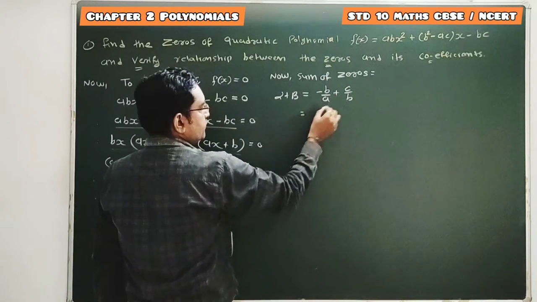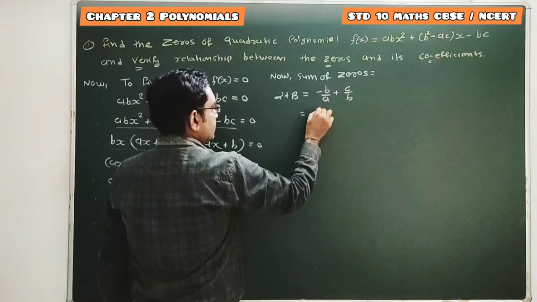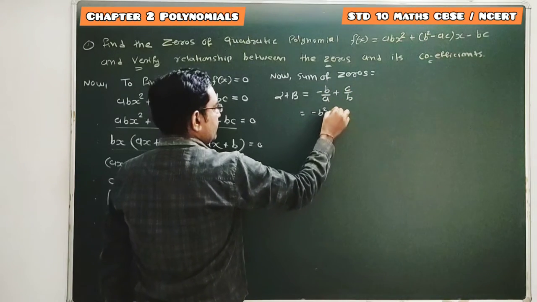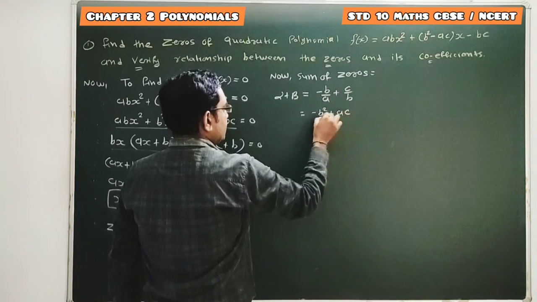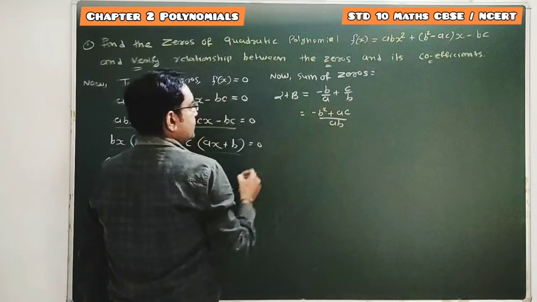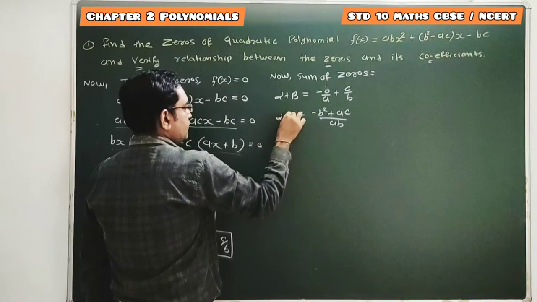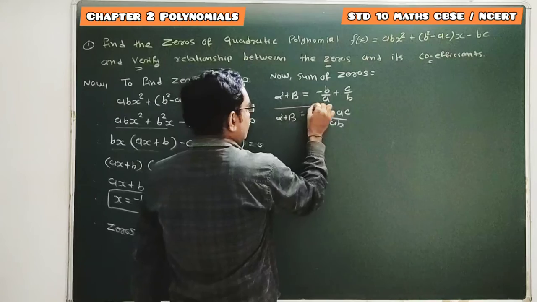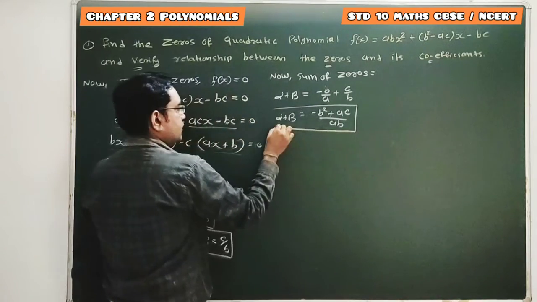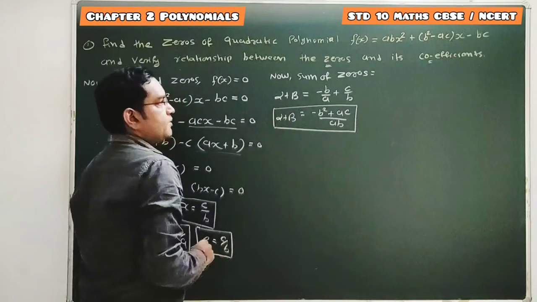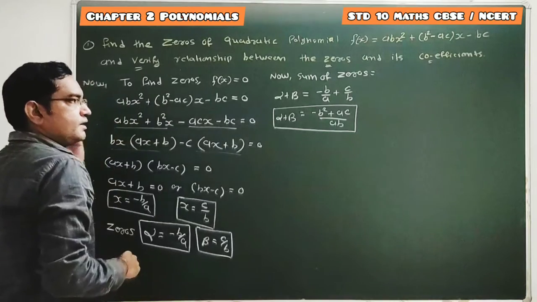Therefore, by cross multiplication, it's minus of b square plus ac divided by ab. So the sum of zeros, alpha plus beta, equals minus of b square plus ac upon ab.